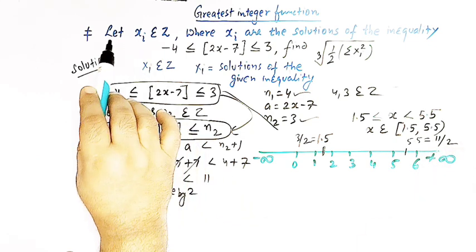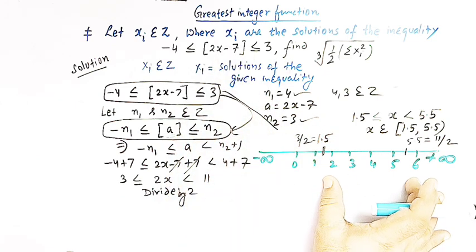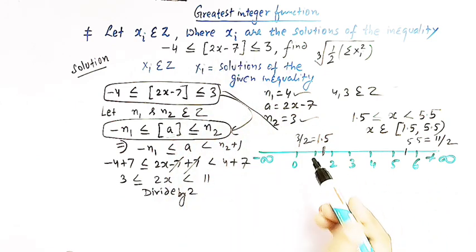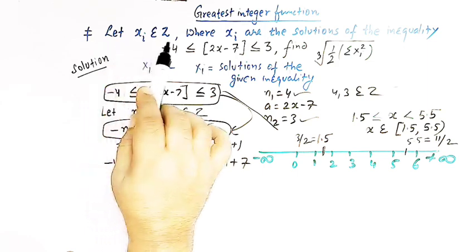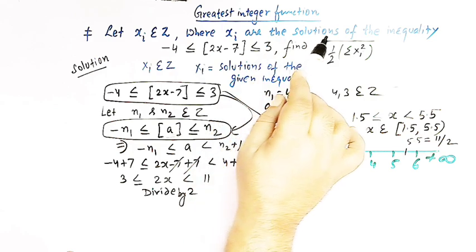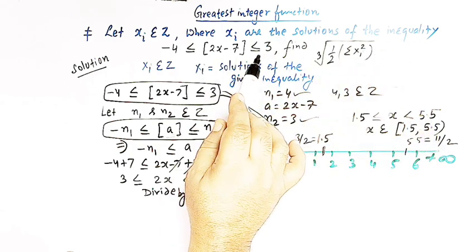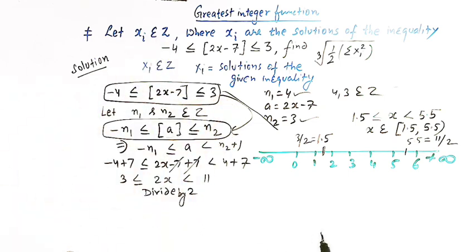Right, so here we have to find all the integers which lie between 1.5 and 5.5, because see, in the problem we are given that xi belongs to Z, where xi are the solutions of the inequality, right, and xi belongs to the set of integers. So here between 1.5 and 5.5, we can count all the integers.